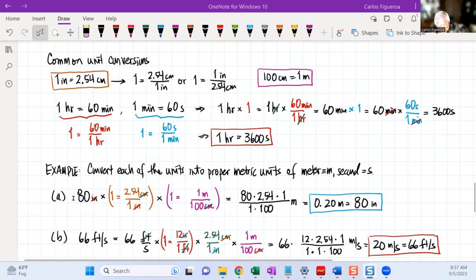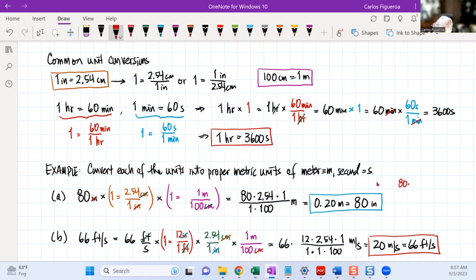Oh, I see. In A, I might have a numerical number. Is it 2.0? Let's see here. That's going to be 0.8 there. I don't think A can be 2. And the reason why is that if you have 80 times 2.54 divided by 100, this then becomes 0.8 times 2.54.